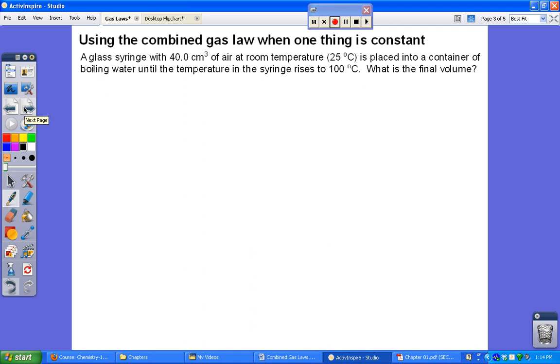What happens when you're using the combined gas law and one thing is held constant? If we write down the combined gas law, and then we look at the equation: a glass syringe with 40 centimeters cubed of air, that would be V1, at room temperature, 25 degrees Celsius, that would be T1, is placed into a container of boiling water until the temperature in the syringe rises to 100 degrees Celsius, that would be T2.